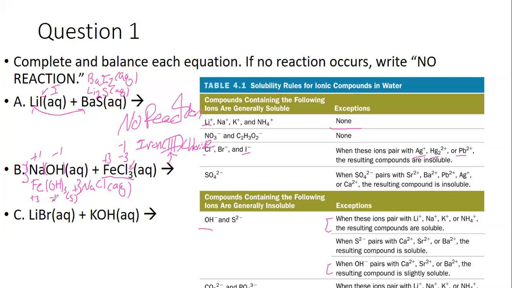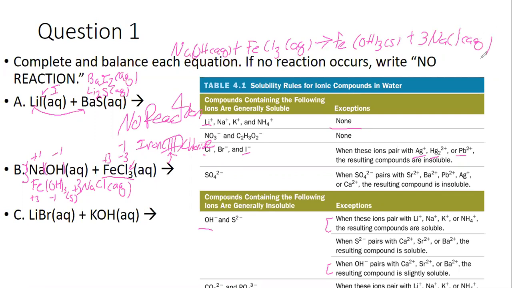So if I was going to rewrite this without any of my notations, just so we have that in front of us, 3 NaOH aqueous plus iron 3 chloride aqueous makes iron 3 hydroxide solid plus 3 molecules of sodium chloride aqueous.